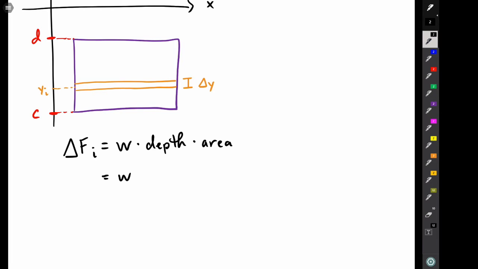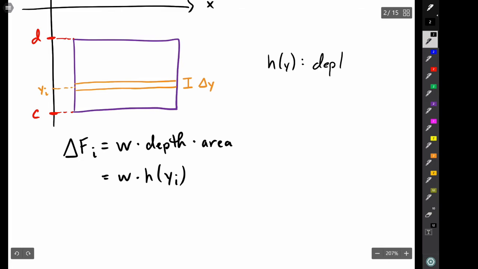The depth, I said that a bit wrong. It's going to depend on how we choose our coordinates. So let's say the depth, we can think of as the height of that specific piece. Let's call that h of yi. We're going to let h of y stand for the depth.